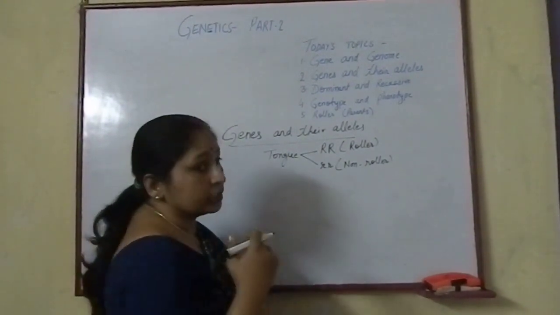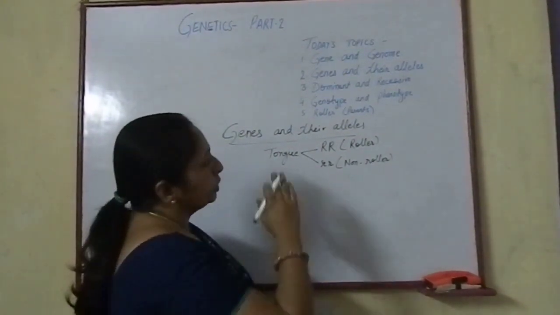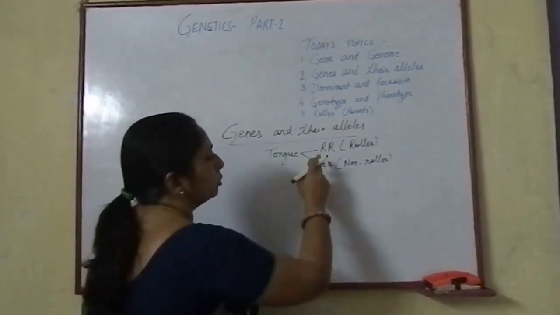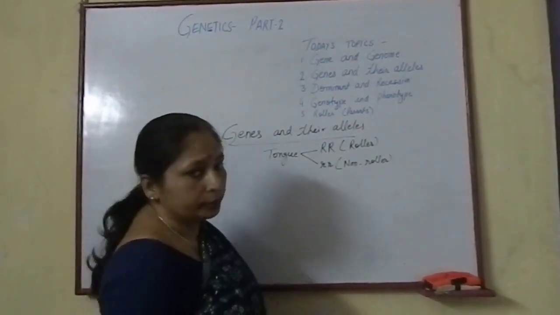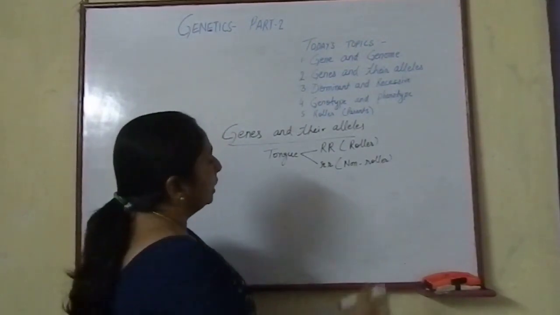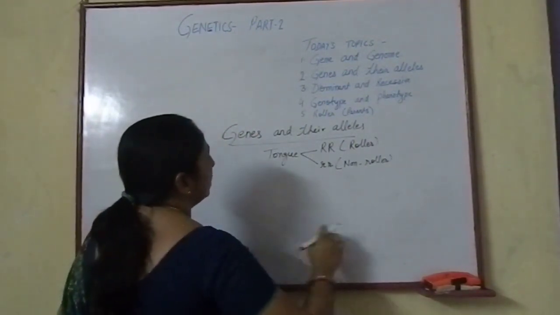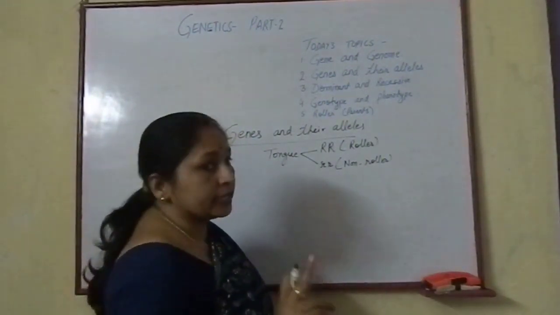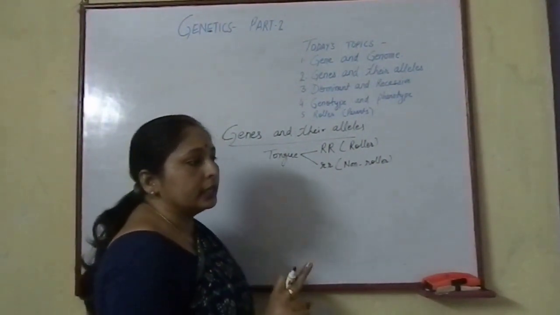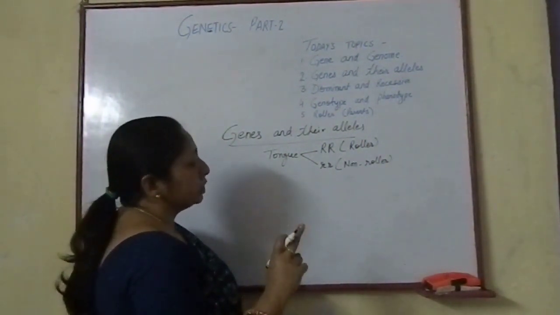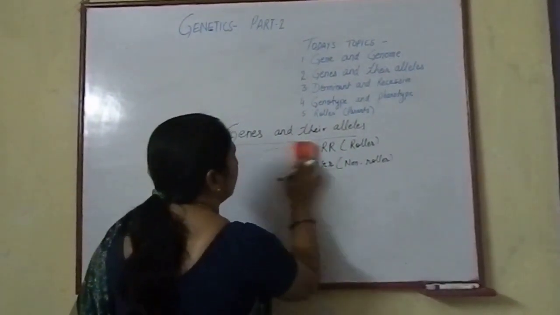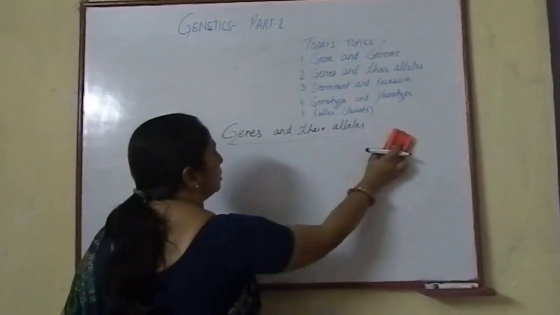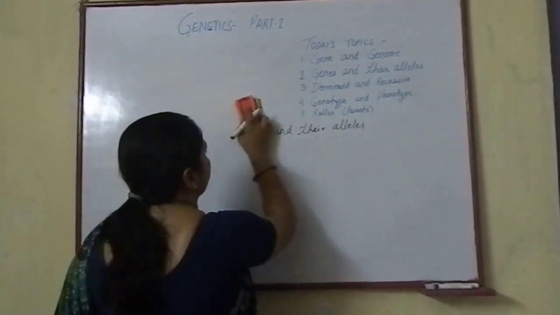Actually we say this dominant and recessive, which we will discuss in the third topic. So now you can just say the roller tongue is represented by capital R, while the non-roller is represented by small r. Genes and their alleles: alleles are the genes having contrasting features, or alleles are the contrasting features of the genes.